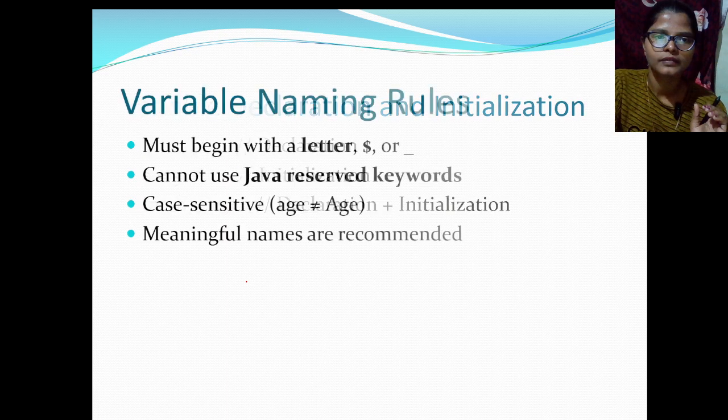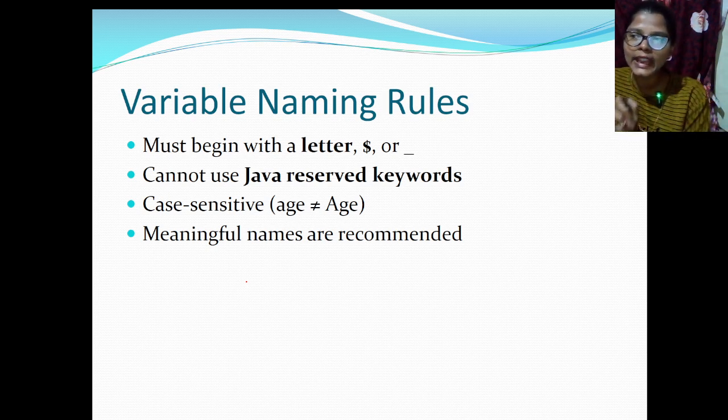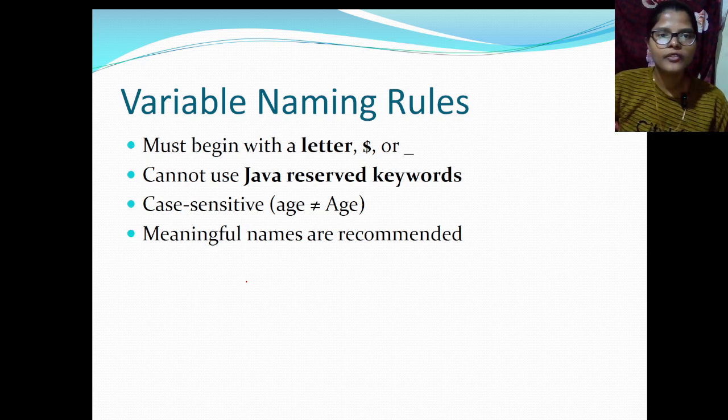Next, I already informed you that there are some rules we use to keep a name in real time. In the same way, we have some rules to keep a variable name.